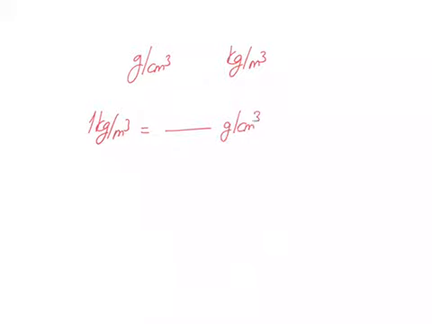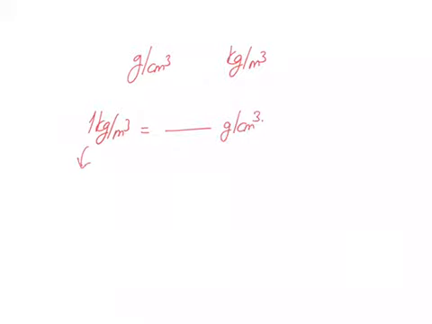The last unit conversion I'm going to give is the change between the gram per centimeter cube and kilogram per meter cube. Let's find 1 kilogram per meter cube is equal to how many gram per centimeter cube.